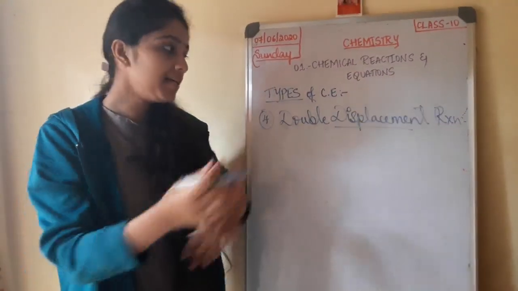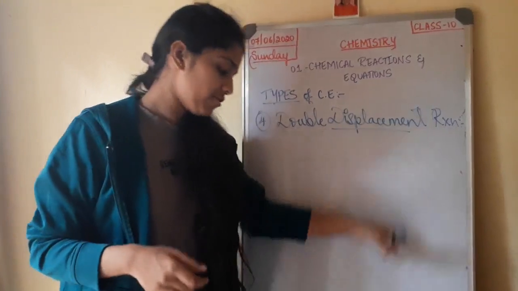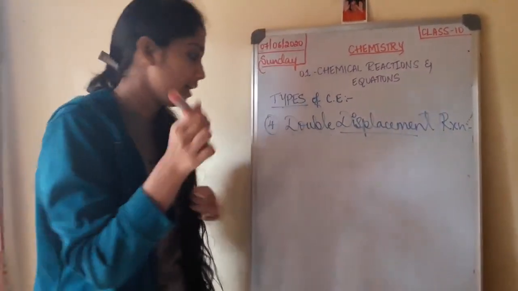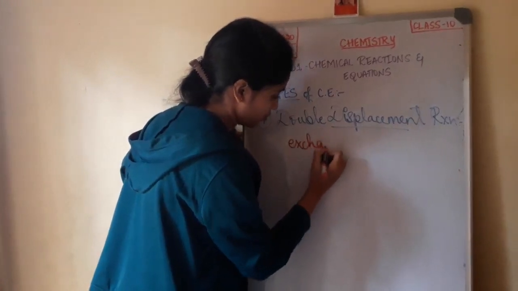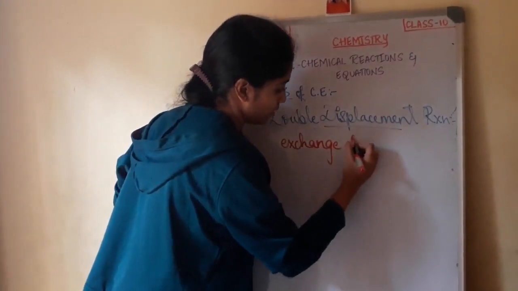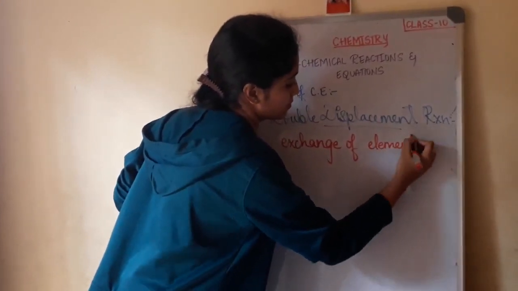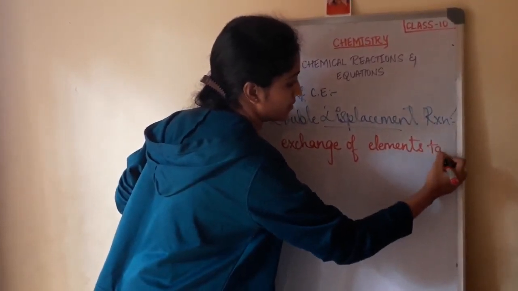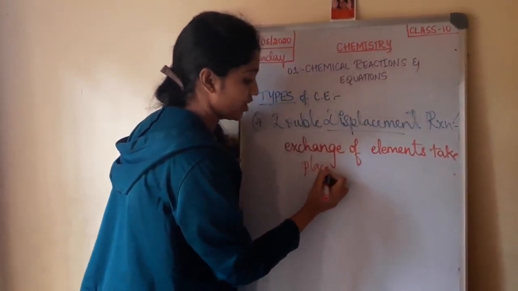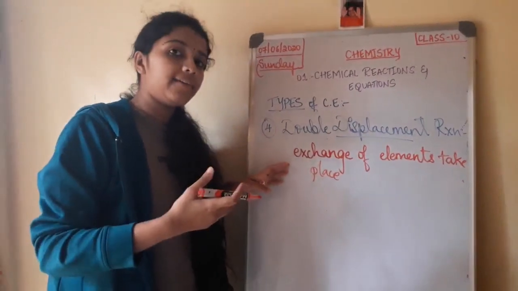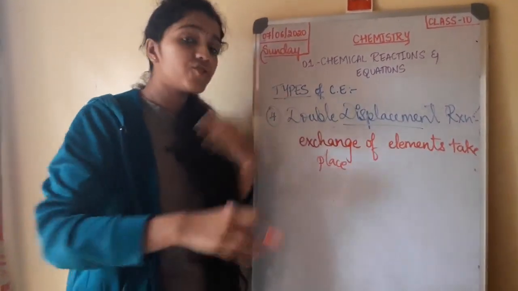The more reactive element displaces the lesser reactive element, whereas in double displacement reaction, exchange of elements takes place. There the more reactive element displaces the lesser one, but here exchange takes place.